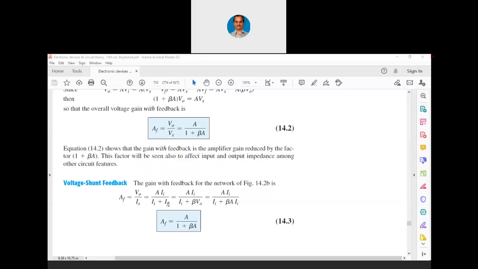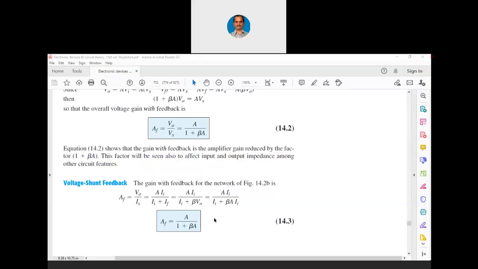Now, it is A into Ii divided by Ii plus If, where If is again beta into V0. The feedback current is nothing but the fraction beta into V0. So, now it is A into Ii divided by Ii plus beta into A into Ii. Ii is common, it will get cancelled, you will get the same expression.